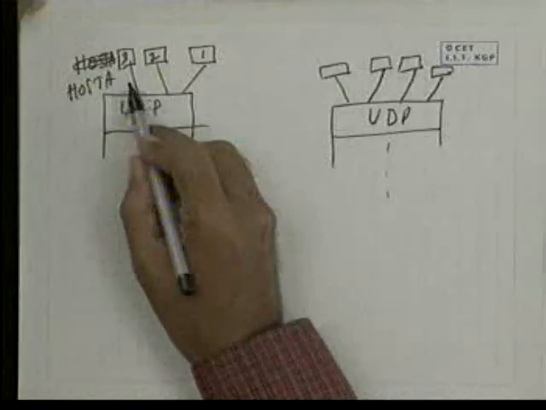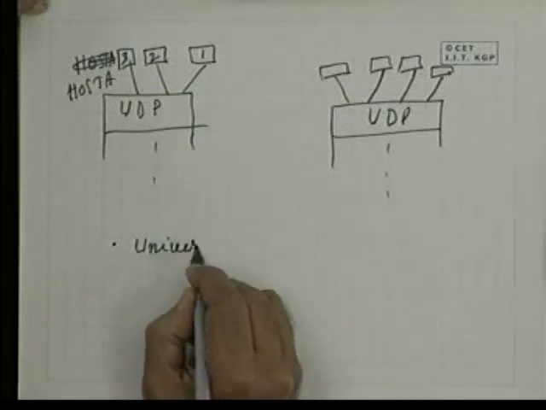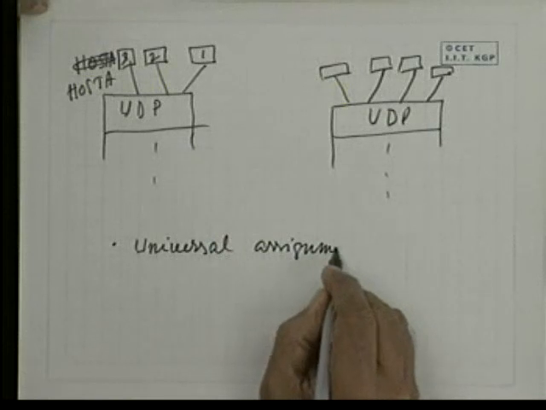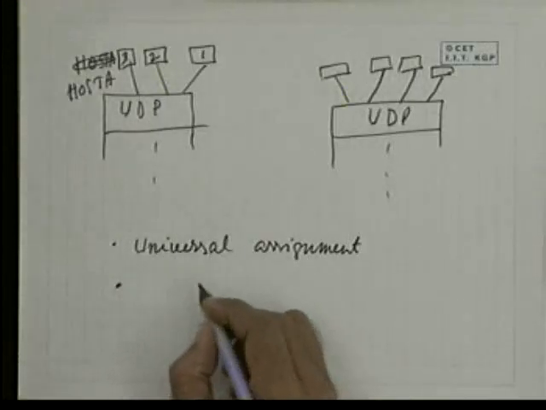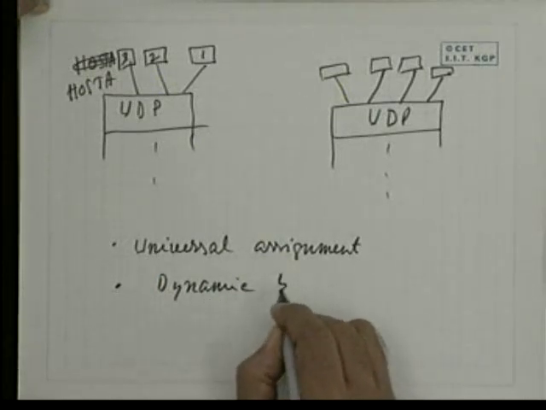Now, this association of port numbers can be done in two ways. One is known as universal assignment, that is, a port is permanently assigned to a particular application program, and another is dynamic binding.